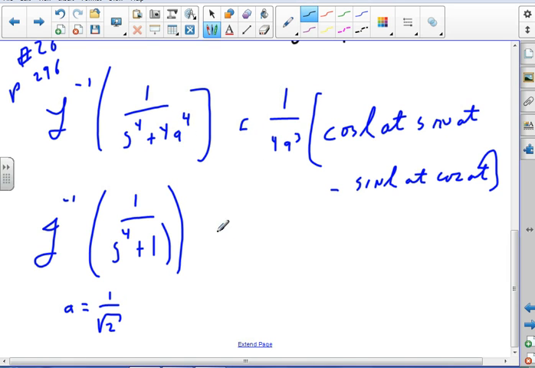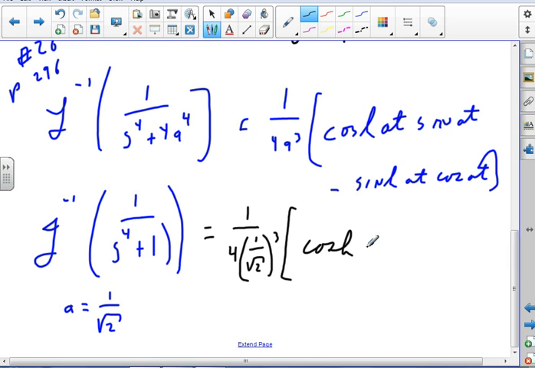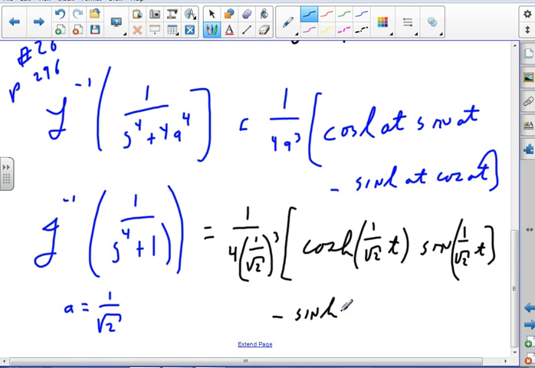So this guy is going to be 1 over 4 times 1 over the square root of 2 cubed, times hyperbolic cosine 1 over the square root of 2 t, sine 1 over the square root of 2 t, minus hyperbolic sine 1 over the square root of 2 t, cosine 1 over the square root of 2 t.